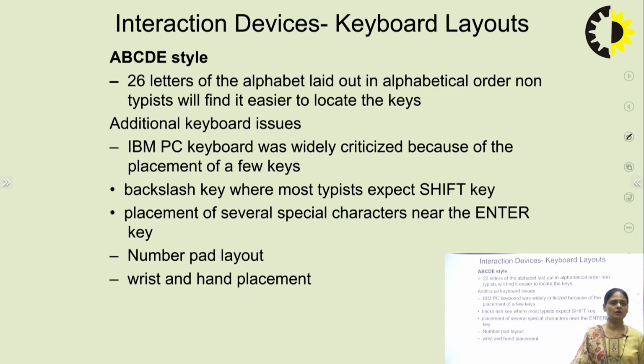A few years back there was the BlackBerry mobile, which has the QWERTY keyboard with all the keys available, and in some cases the keys are small, and for capital letters we need to press the shift. So all these different kinds of keyboards are available according to the need and according to the user.